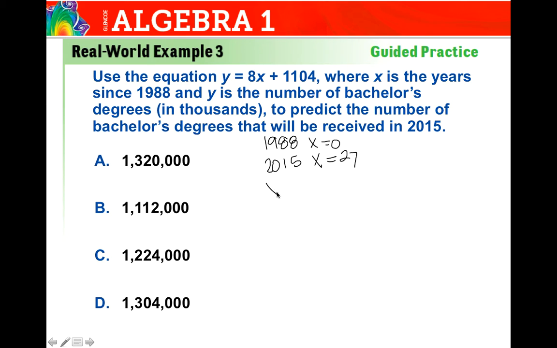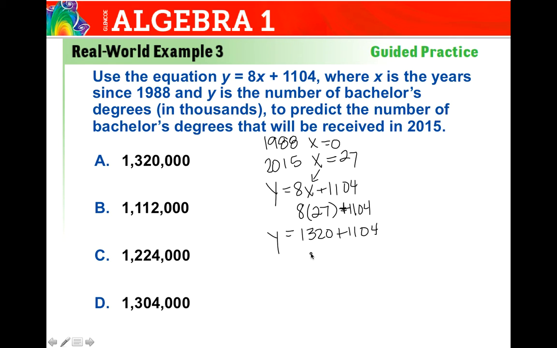So using your equation, y equals 8x plus 1104, you're going to substitute 27 in for x.